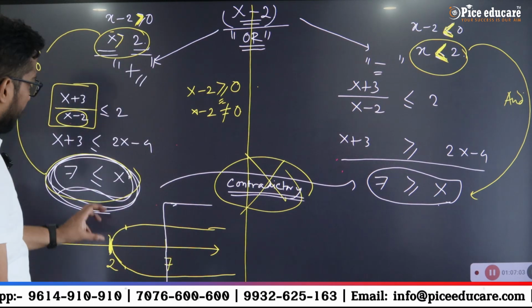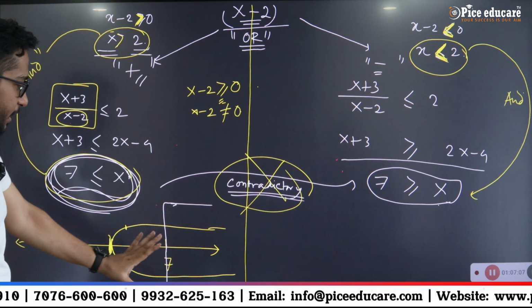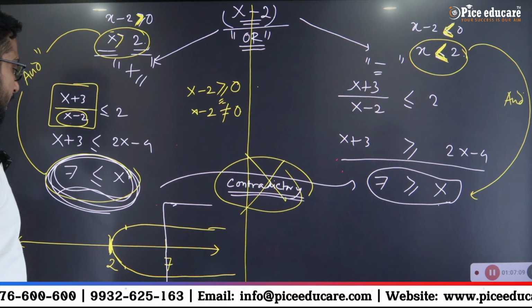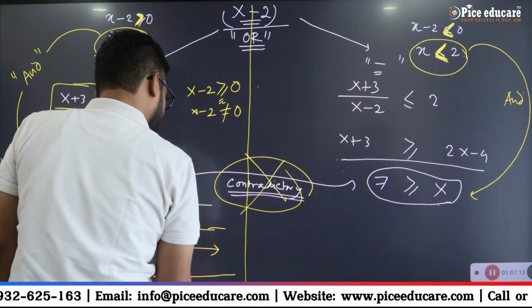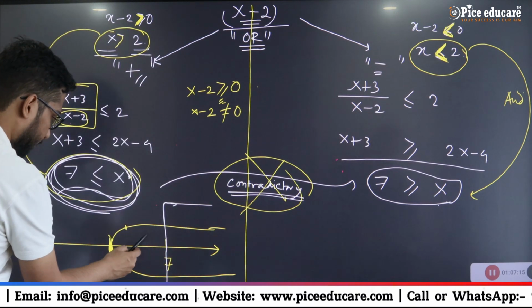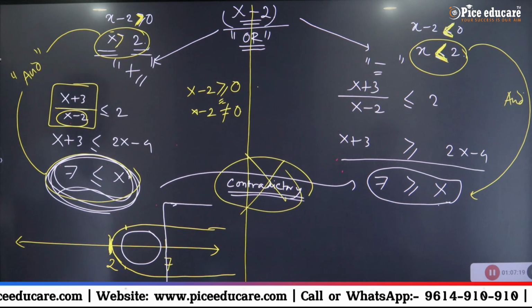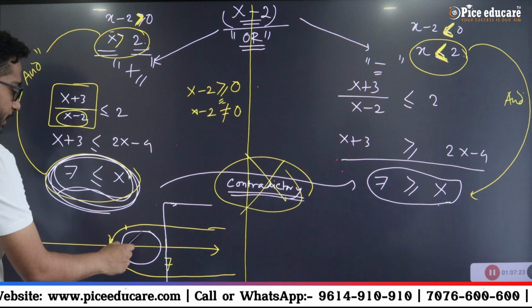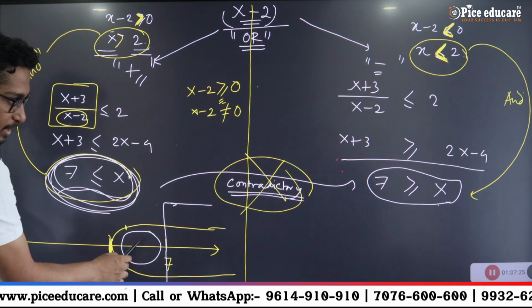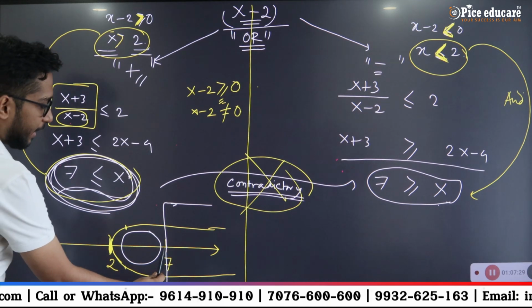Now the moment I draw these two regions on the real line, you will see that this region contains the numbers which are strictly bigger than 2 but less than 7.